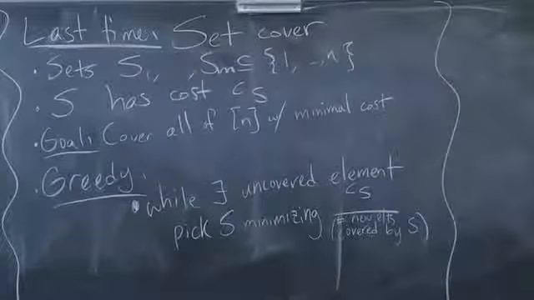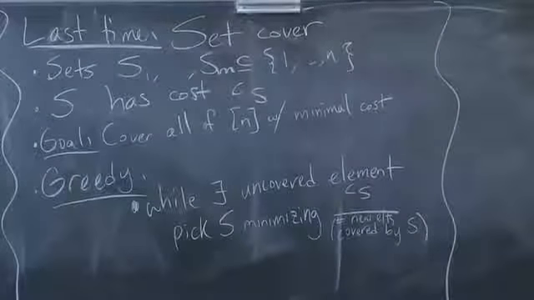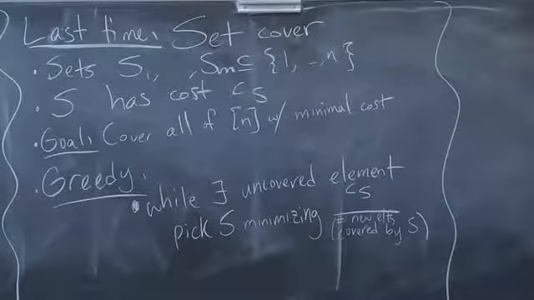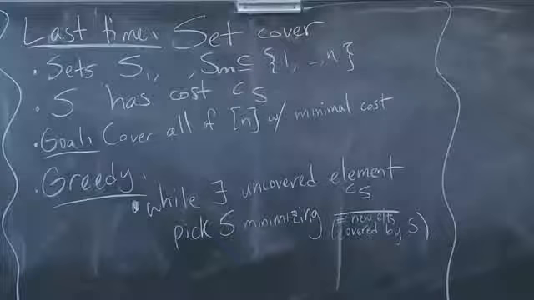So the greedy algorithm, well, in the unweighted case, if you've taken CS124, you've seen the greedy algorithm. For the unweighted case, you just keep taking the set that covers the most new elements. But when you have costs on the sets, then you just slightly alter that.